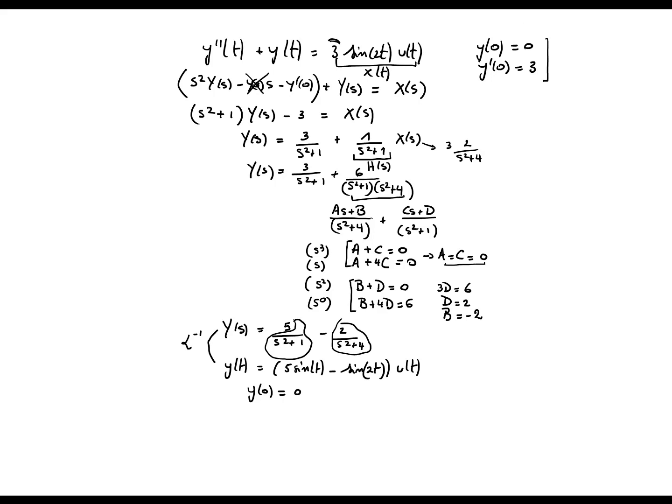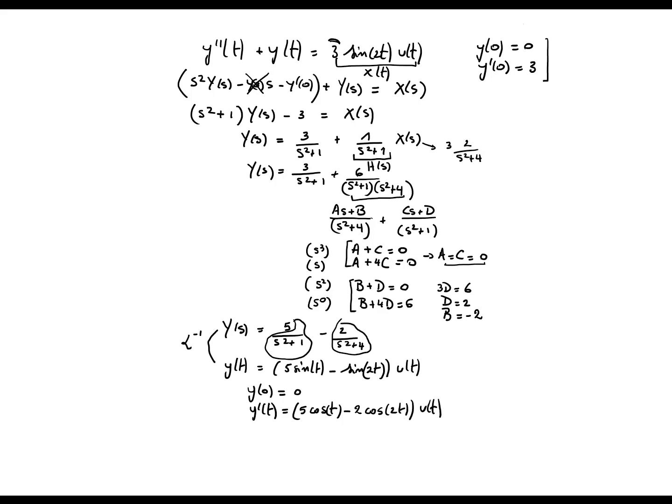To see if the second condition is met, well, we compute the derivative, and that will be 5 cosine of t minus the derivative of this one. Don't forget there's a 2 over here, so we'll have minus 2 cosine of 2t, and the whole thing multiplied by t.